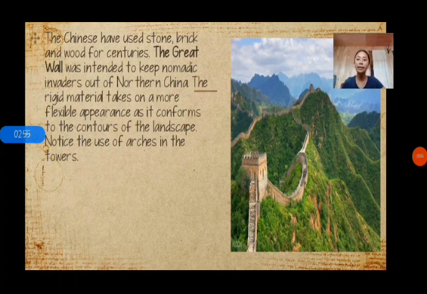Its purpose is not just for architecture but it was built so that nobody could invade northern China. And the Great Wall is one of the most successful and most well-known architecture of the ancient Chinese.